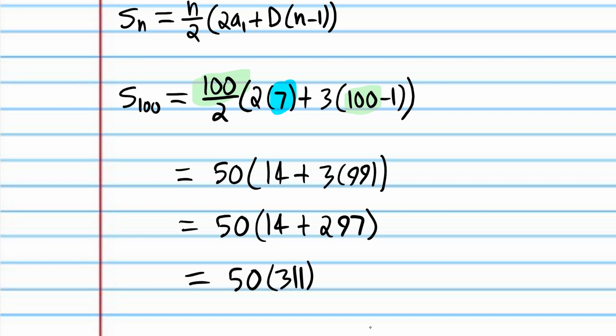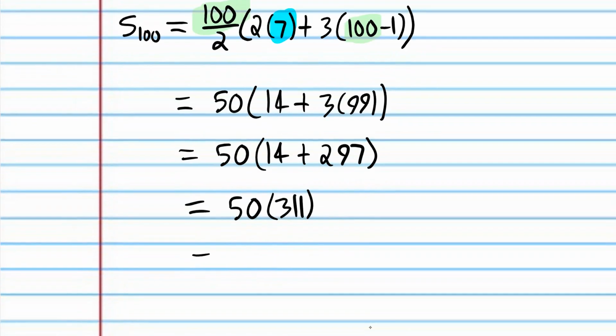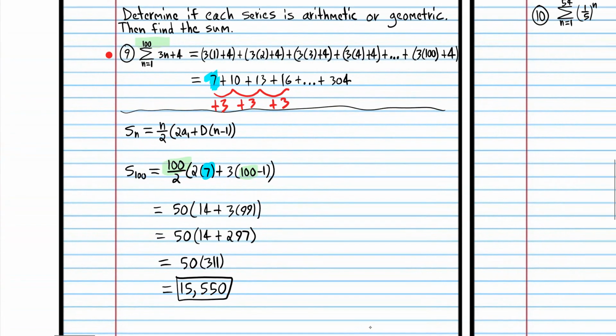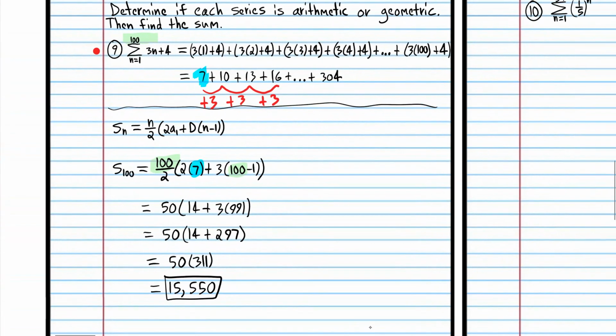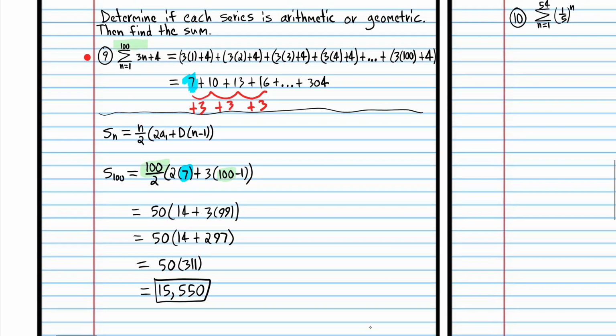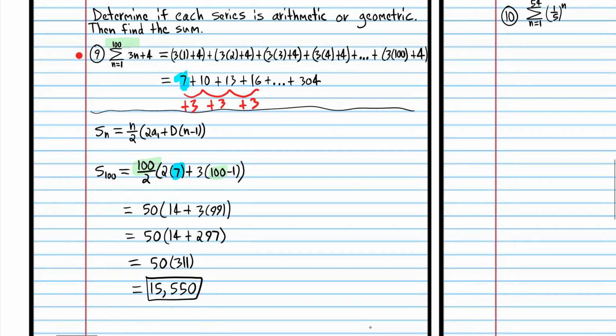And 311 times 50 is 15,550. So again, we needed to use the sum formula for an arithmetic sequence because there were too many terms to add one by one.